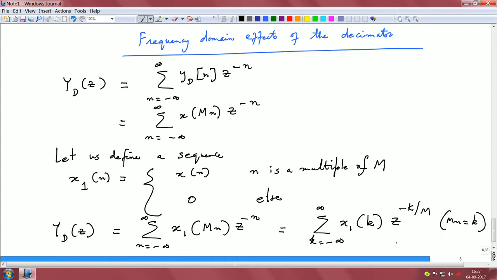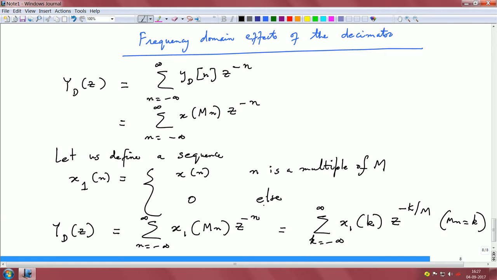But I am still not complete, because I now have to relate x1 of n with x of n. I have just written this in this clause, x1 of n is x of n when n is a multiple of m, 0 else.